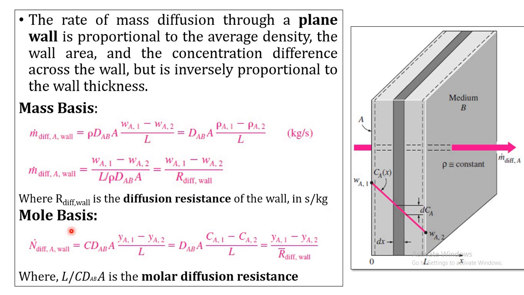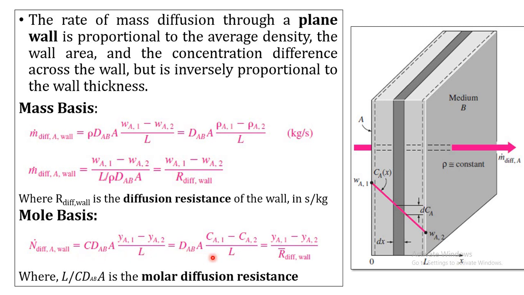So on a mole basis, we can represent it in terms of mole fraction. The molar diffusion of A through the wall is equal to C A DAB (YA1 minus YA2) by L, where C is the molar concentration of the mixture.